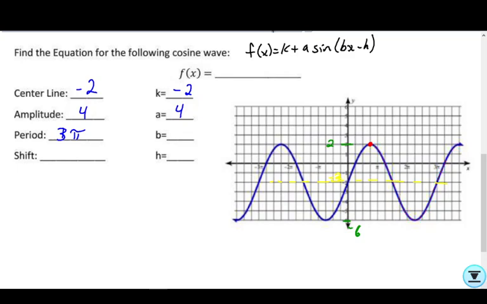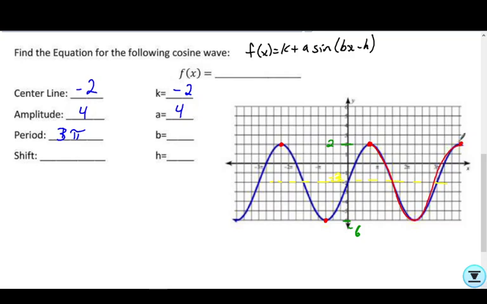Or if I wanted to, I could start it here and go to here, and that would be one. Or I could even start over here and go to here if I wanted to. Okay, there are a bunch of options. I'm going to keep it simple, and I'm going to use this one.